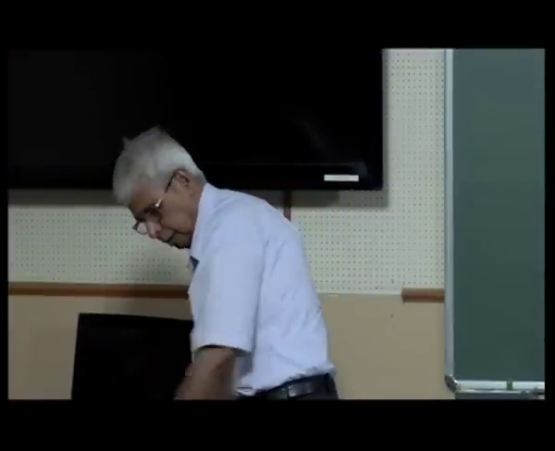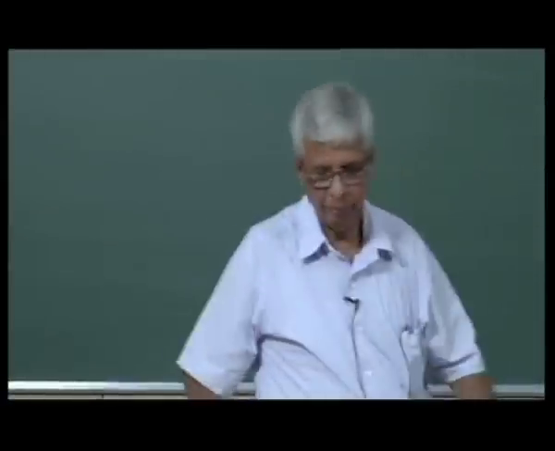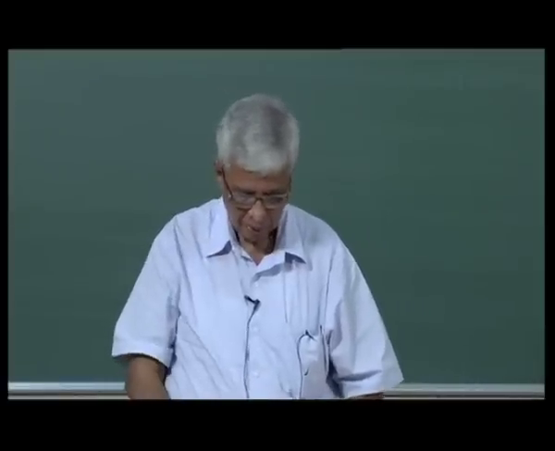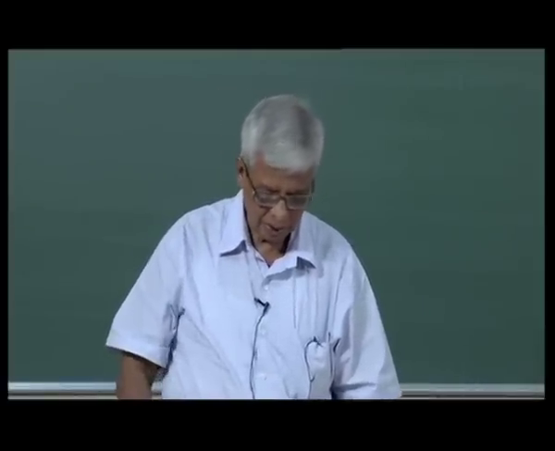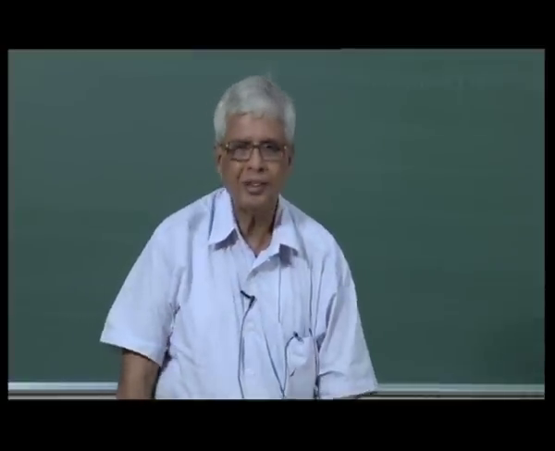And last class we have been talking about a new technique called algorithmic state machine, or ASM, for implementation of digital logic. As I had mentioned last time, it is not a new design technique.